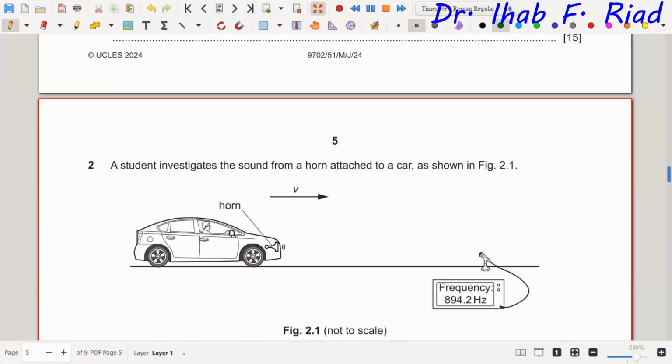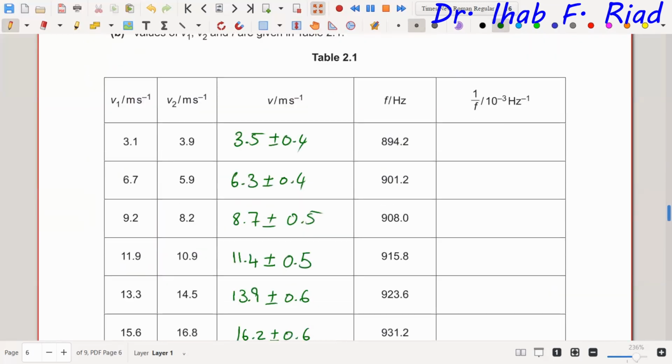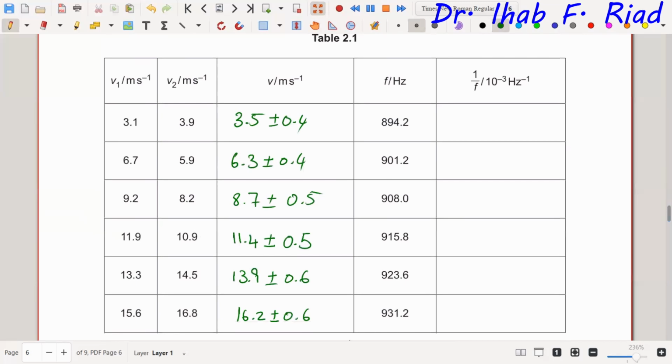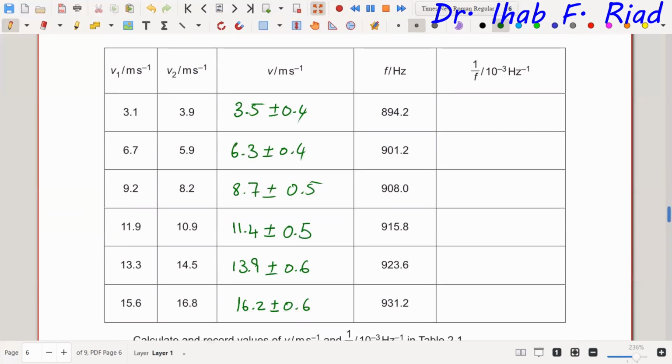Now, just a question. Can you notice something as the speed increases, Dean? When the velocity was 3.5, the frequency measured by the frequency meter was what? 894.2.